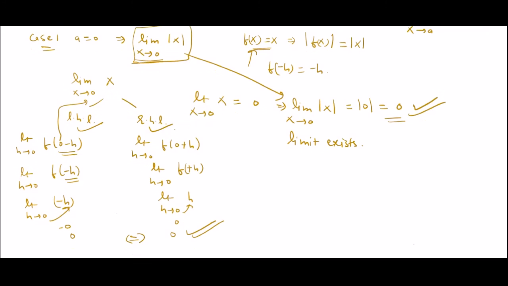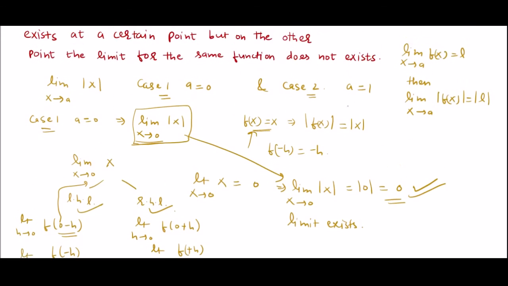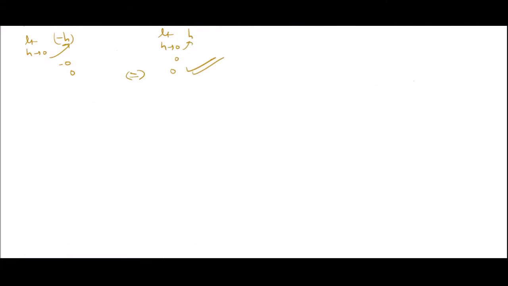Now we will consider case 2, when a is equal to 1. Case 2, when a is equal to 1, this implies the limit as x tends to 1 of f(x), and here we have the limit as x tends to 1 of mod of x.